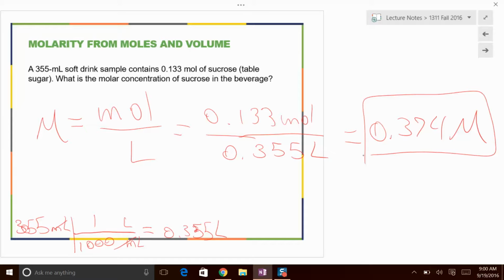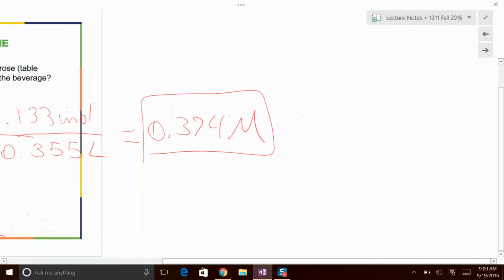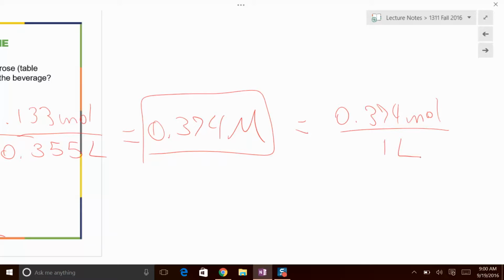What does that actually mean? If you see something that is 0.374 molar, this is what you know. This is equal to 0.374 moles in every 1 liter. Every 1 liter of that solution has 0.374 moles in it.